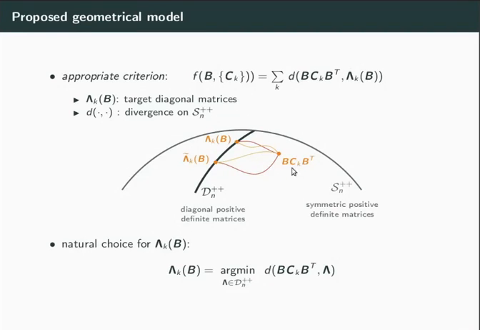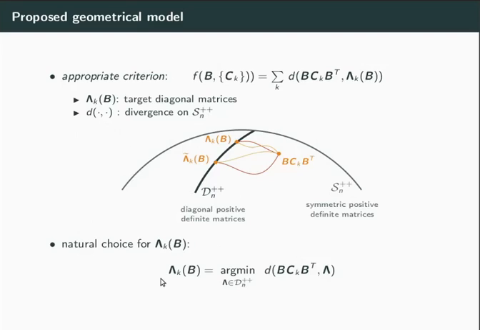Such a criterion has two parameters: the choice of the divergence on the set of positive definite matrices, which will determine how we are going to get to the set of diagonal positive definite matrices, and the choice of the target diagonal matrices, which determines where on the set of diagonal matrices we are going to go.